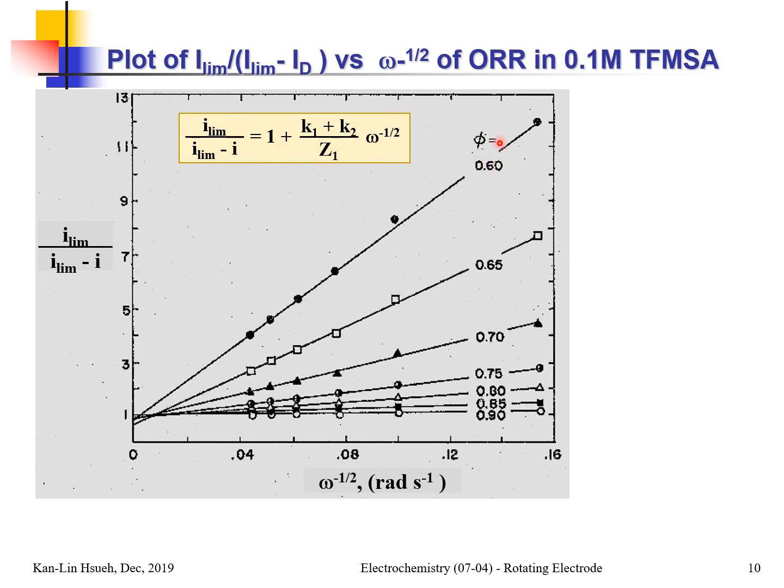From here, I can evaluate K1 plus K2 at different potentials. But with this disk alone, I cannot separate K1 from K2. I only know K1 plus K2. And Z1 is related to mass transfer properties like diffusivity, viscosity, and so on.